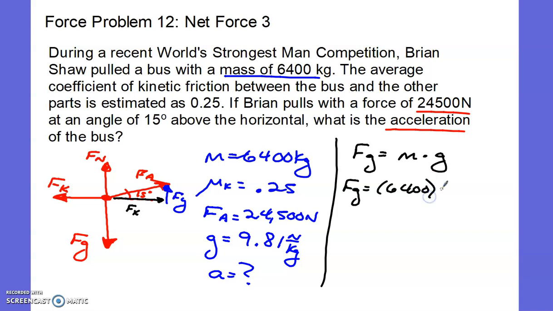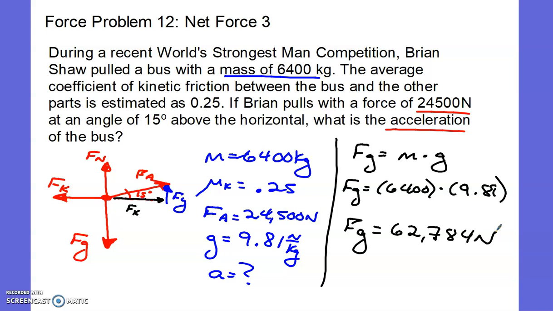Mass is 6,400. G is 9.81. And we get that the gravitational force is 62,784. As always, forces are in newtons.